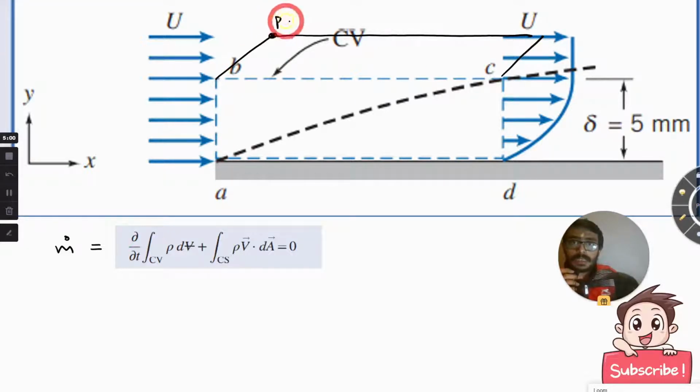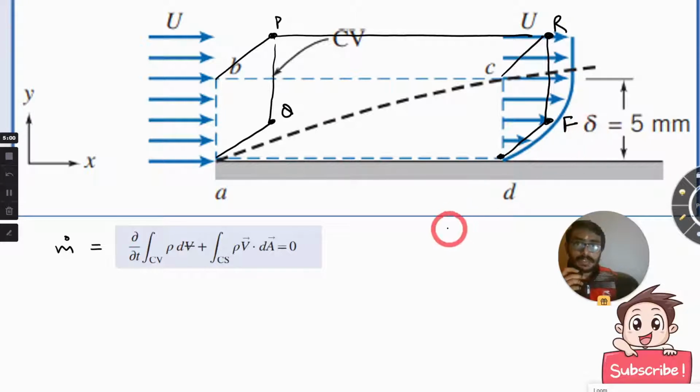Let us name this as P, and let us drop down this as follows, and name this as Q. So this face ABPQ is the entry face, and this is the exit face, as you can see here: CRFD is the exit face.